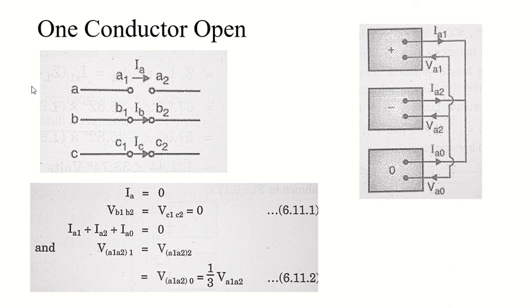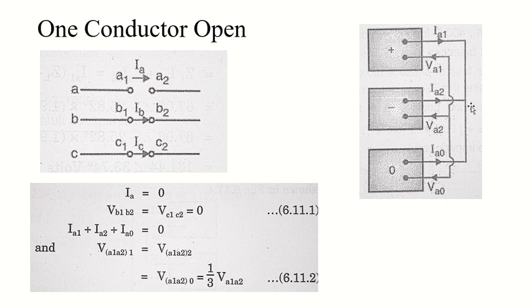So these voltages I've just mentioned are positive, negative and zero sequence voltages of my phase A. So what we can do is form an equation of sequence current and sequence voltage of my phase, and based on that we can form the one conductor open equivalent sequence network. It will look something like this. We are having positive sequence, negative sequence and zero sequence current.